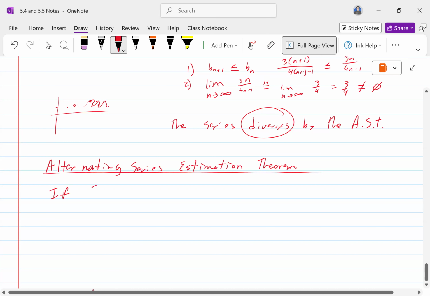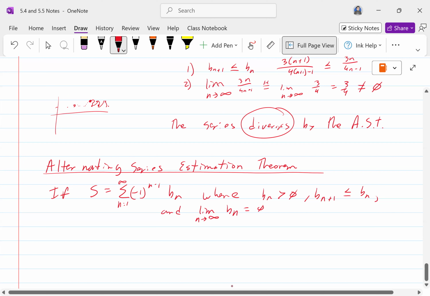Okay, if S equals the sum of (-1)^(n-1) b_n, where n equals 1 to infinity, so that's the sum of this series, where b_n is greater than 0, b_(n+1) is less than or equal to b_n, and the limit of b_n is equal to 0 as n goes to infinity.